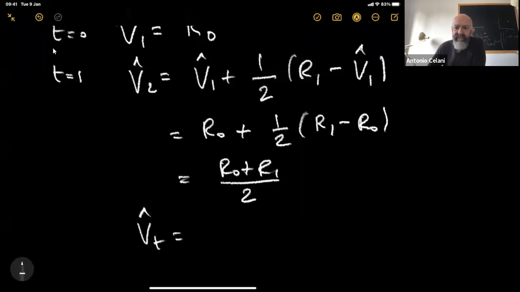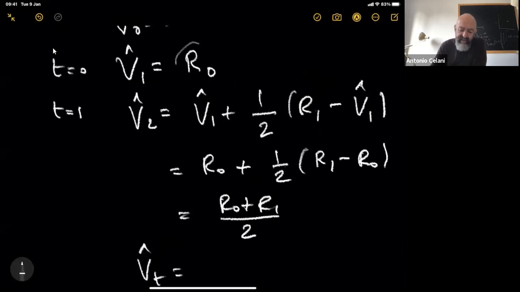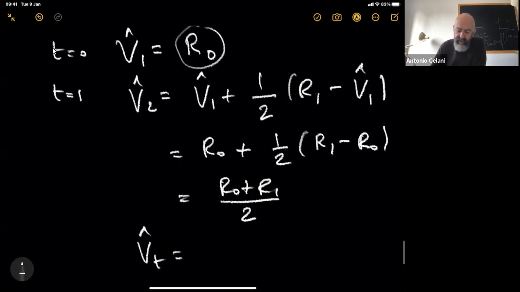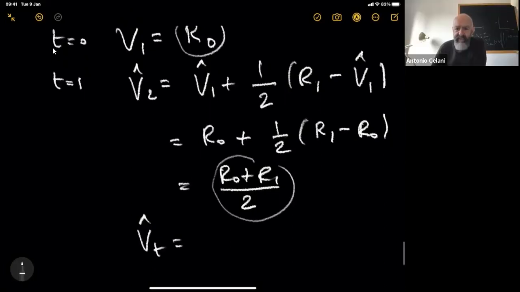Anyone wants to try? If I had one sample, I had this. If I had 2 samples, I got this. If I have t samples, it's like the average. Yeah, the empirical mean. This object is nothing but the empirical mean.